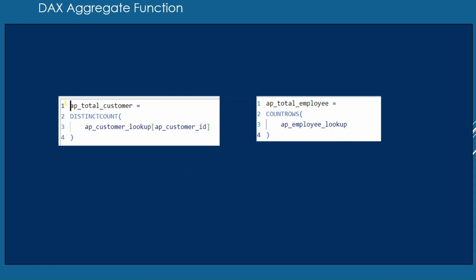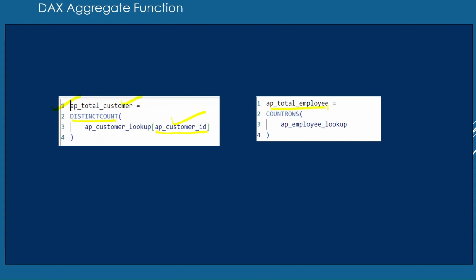So what we are doing here is creating a measure, and here we are using the aggregate function. We are going to use two aggregate functions for demonstration. This is a DISTINCTCOUNT, and we are counting the customer ID. So whatever distinct values are present in the customer ID, Power BI will look into it, calculate the count, and return it in this measure.